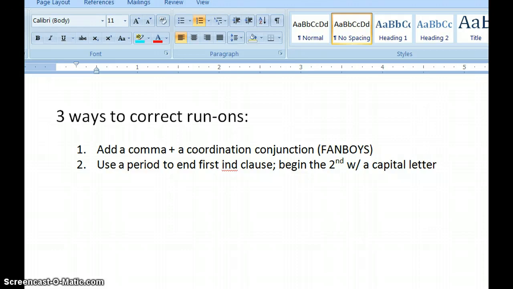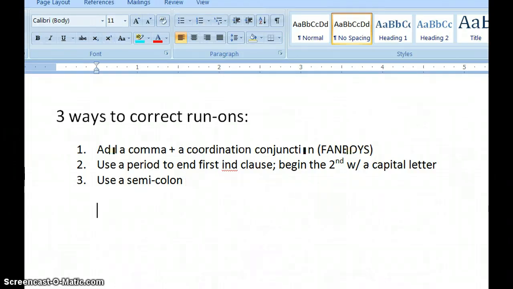Okay, and yes, we must use a capital letter. And then the third way, and my favorite, and you can put stars around this, is to use a semicolon to separate the two, in between the two clauses. Okay?